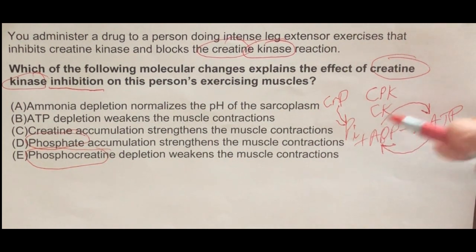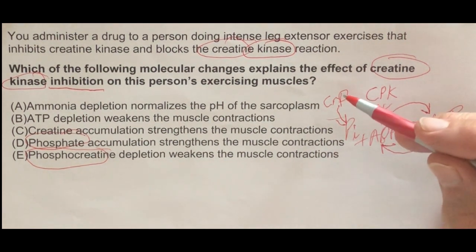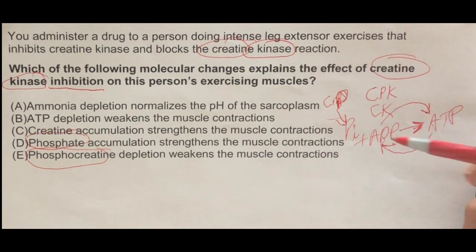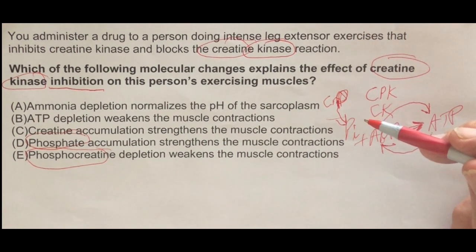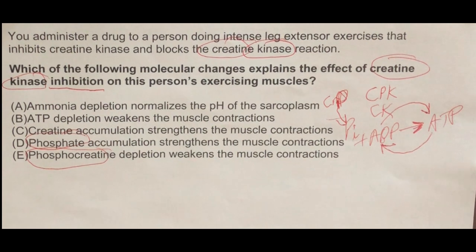So phosphate is going to stimulate the ATP. Anything else that we can look at? Creatine accumulation strengthens the muscle contractions. So if we create more creatine, it's going to bind more phosphate to produce more creatine phosphate. And creatine accumulation could strengthen the muscle contraction.